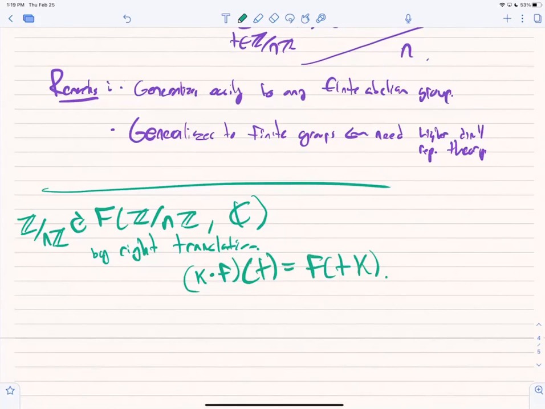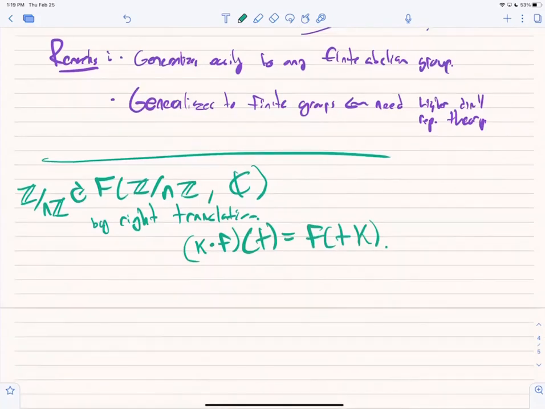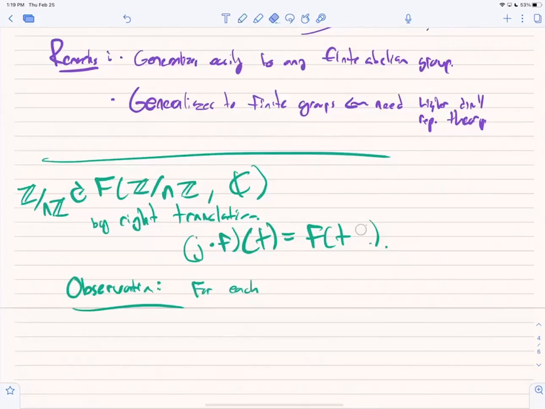What's interesting about this action, and what we've done before, is this. I'm using a lot of Ks, so let me write J up here just so I don't have too many Ks. I'm rewriting the element of Z mod NZ that was acting on a function as J, because I was indexing my characters with the letter K, and I'm about to talk about characters.